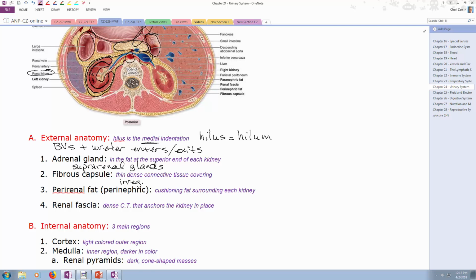So the interlobar blood vessels are in the renal columns. And then arching over the pyramids, the big fat base of the pyramids, which is actually pointing more to the external stuff, is where you'll find the arcuate blood vessels, arching over, arcuate. The other thing too, in your lab news, the blood vessels going off into the cortex are called cortical radiating.